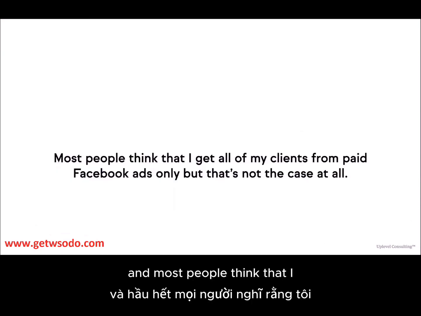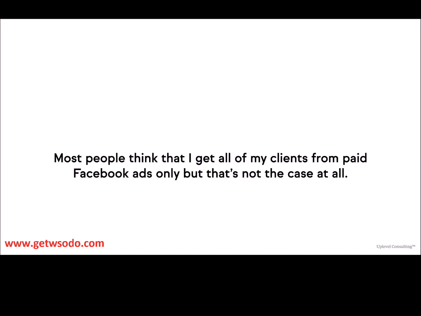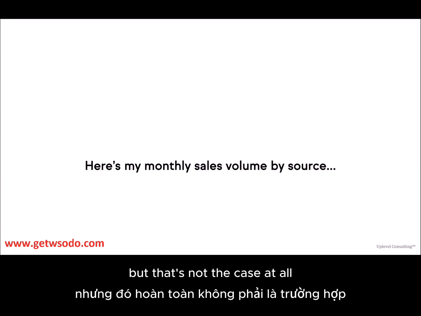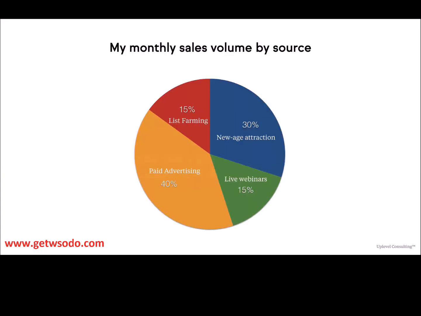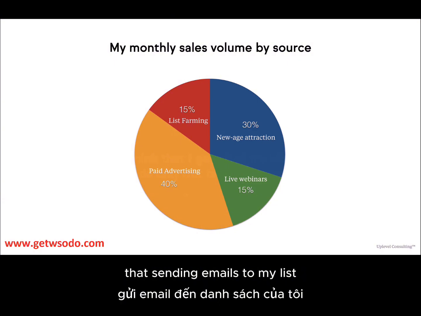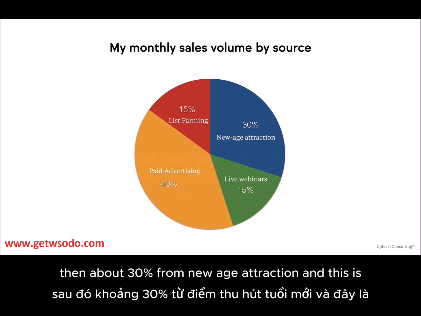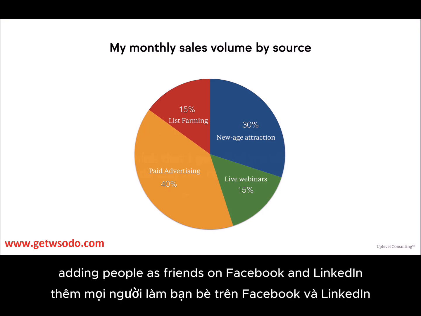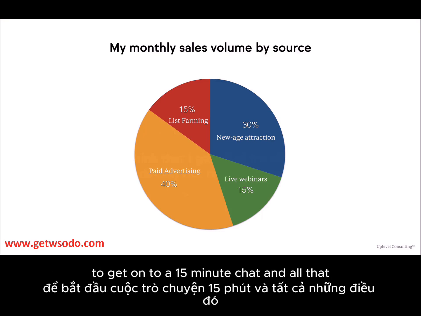Most people think that I get all of my clients from paid Facebook ads only, but that's not the case at all. Here's my monthly sales volume by source. I get about 15% from list farming, that's sending emails to my list. Then about 30% from new age attraction, which is adding people as friends on Facebook and LinkedIn, sending them messages and advancing the chats to get onto a 15-minute chat.